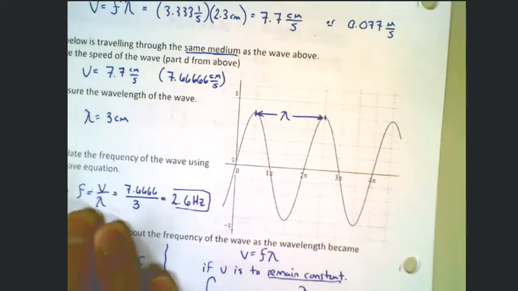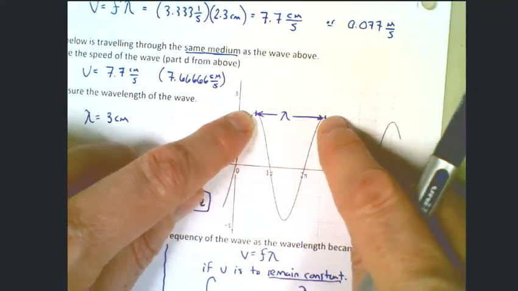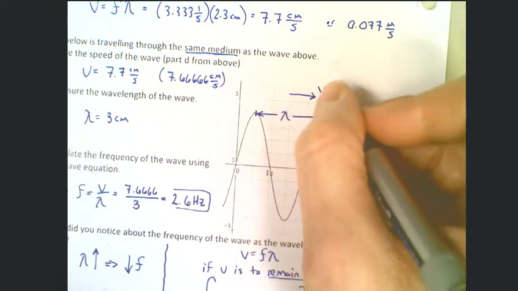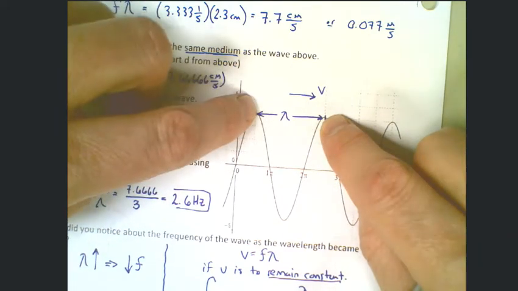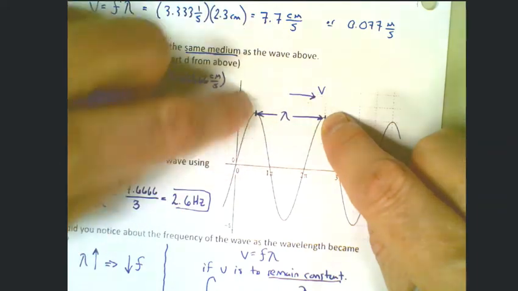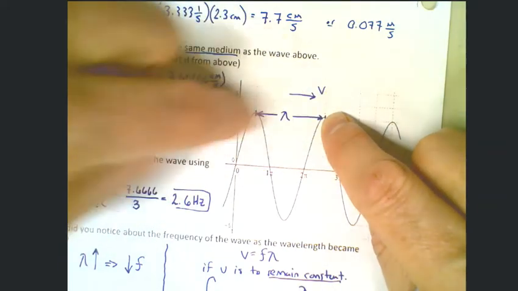Now, a way to think about it is that if the wavelength gets bigger, if you imagine the wave striking your finger at some very particular speed, in this case we know what the speed is. If this is the wave here and it has to move and hit your finger, then if it's taking a longer distance to travel, it's going to hit you less frequently.